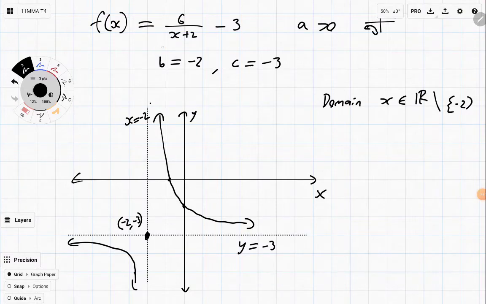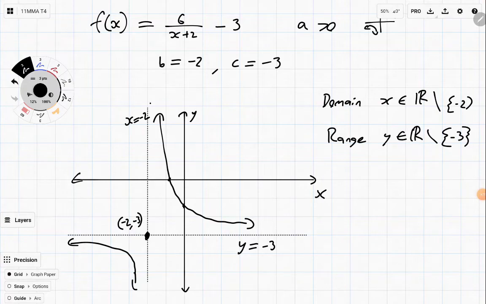So that's why it's not allowed. And for the range, we've got y is in R minus -3. It's a little bit more tricky as to why it's -3, but we can have a think about that. Alrighty, so there's the domain and the range.